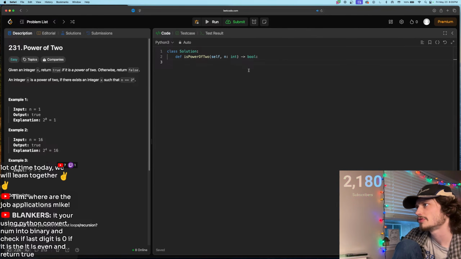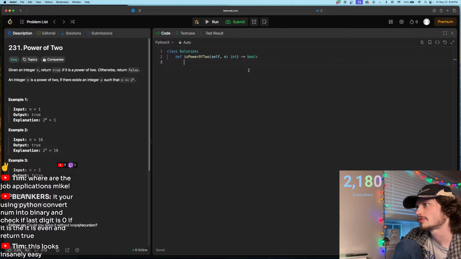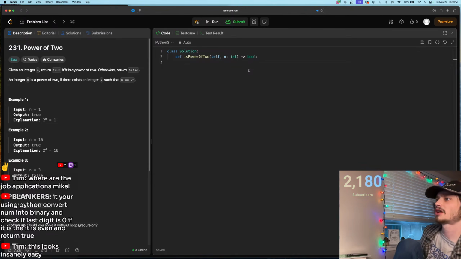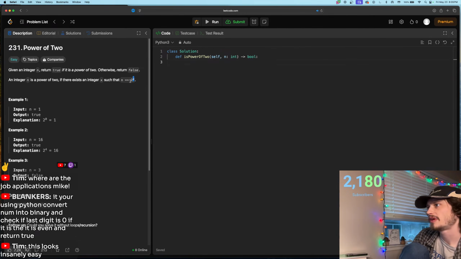Obviously, we don't have to do it with loops. Can we square root? Base of 2. So this is kind of like another base 2 problem, meaning like a binary problem, right? It's not a base 10 problem, it's a binary thing.